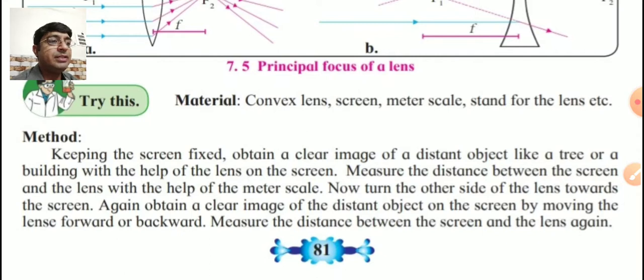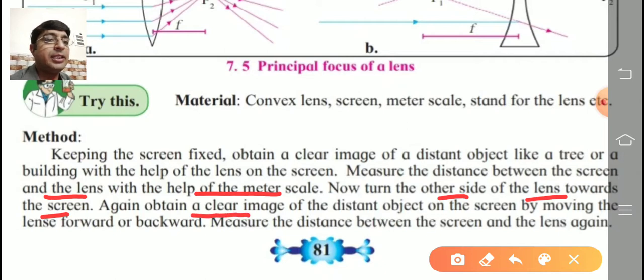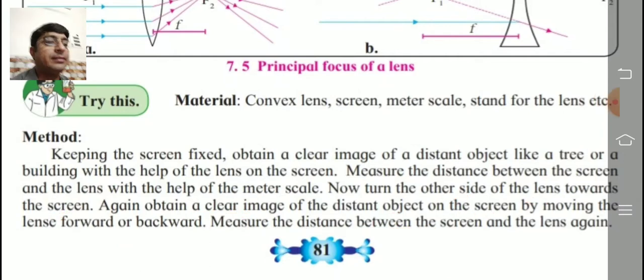Measure the distance between the screen and the lens with the help of a meter scale. Now turn the other side of the lens towards the screen. Again obtain a clear image of the distant object, meaning an object very far from us, on the screen by moving the lens forward or backward, and measure the distance between the screen and lens again.